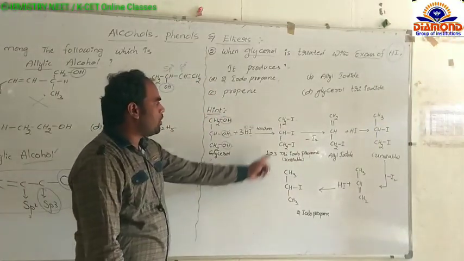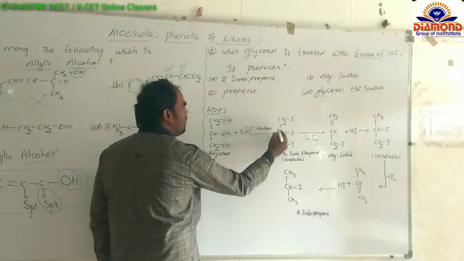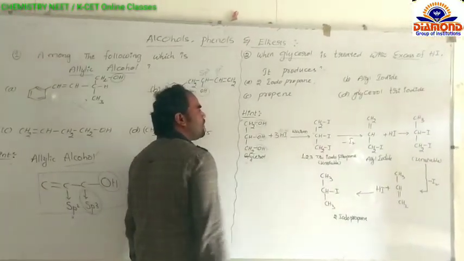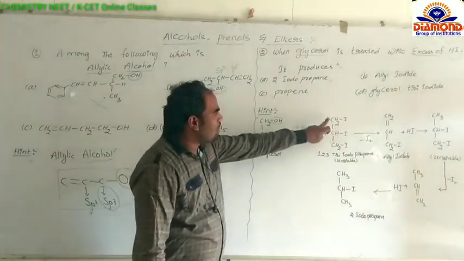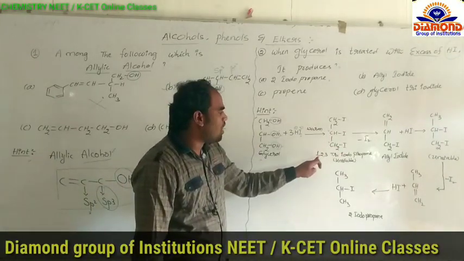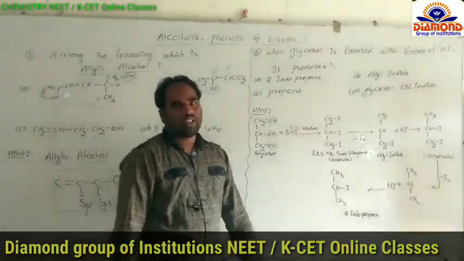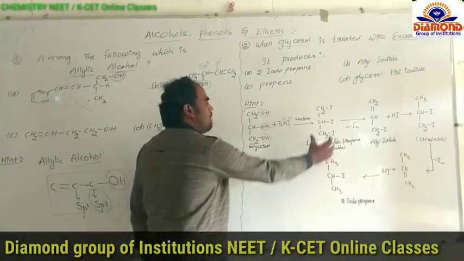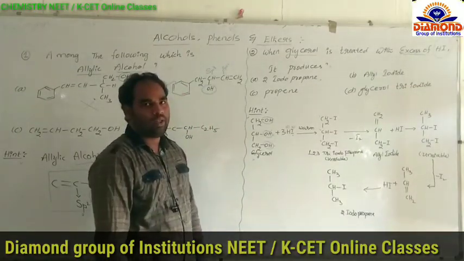Then we get the product like this. What is the name of this compound? Numbering like this, 1, 2, 3, from top to bottom or bottom to top, whatever it may be: first carbon iodide, second carbon iodide, third carbon iodide. Therefore it is 1, 2, 3-triiodopropane. This compound is obtained by the reaction between glycerol and hydrogen iodide.